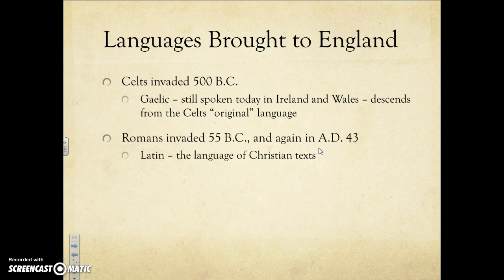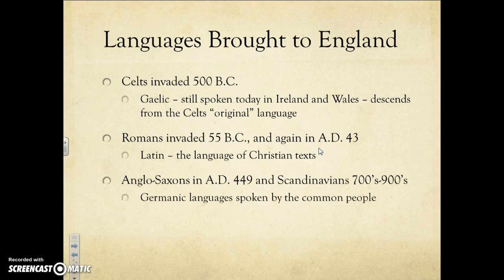Then came the Romans in about 55 BC, and then they had a second wave of invasion in 43 AD. You probably remember from world history that the Roman Empire spanned thousands of miles, and along with that, their language and culture. So Latin was another influence on language. Though the Celts were speaking their original language for many hundreds of years before the Romans arrived, the Romans bringing Latin eventually influenced the culture and the language in England.